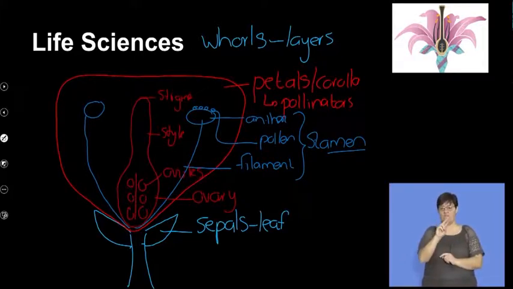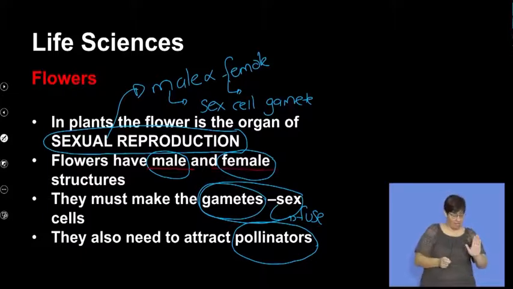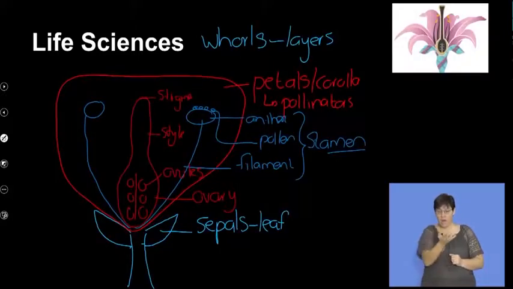Right, so if we go back to our previous note, what did we say that flowers needed to have? Male and female structures, and each of them needed to produce a sex cell. And the flower also needed to be able to attract pollinators.